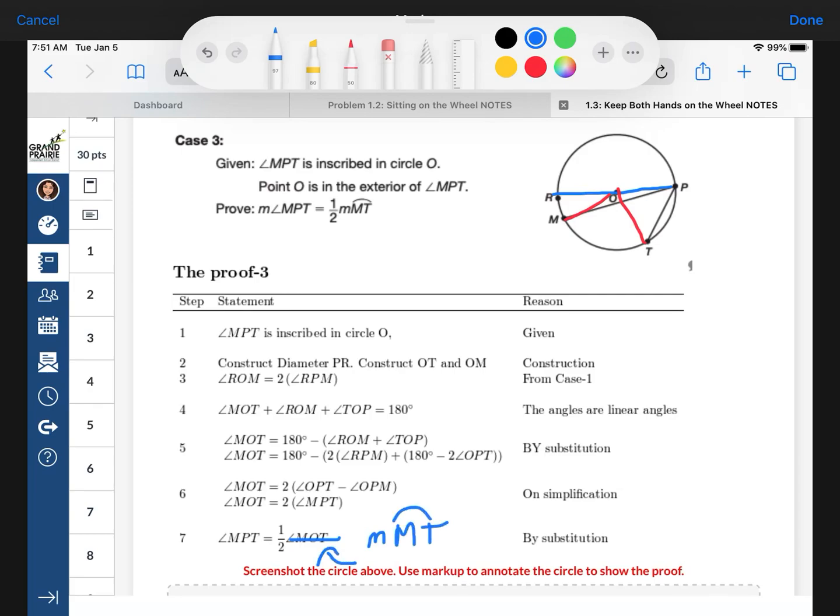So I replace that there. So we have located, and we've said, this angle right here is half of the length of this intercepted arc. That's what we found. This is half of the intercepted arc. Okay?